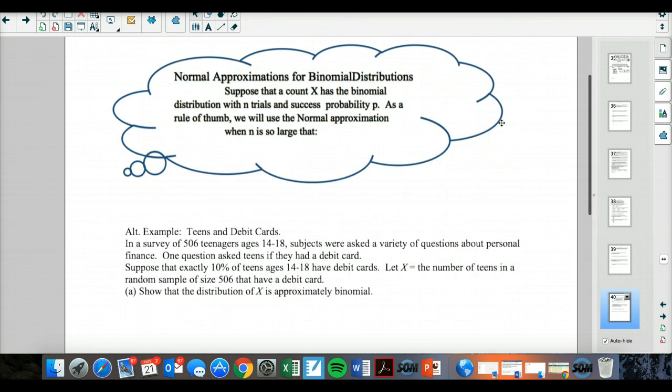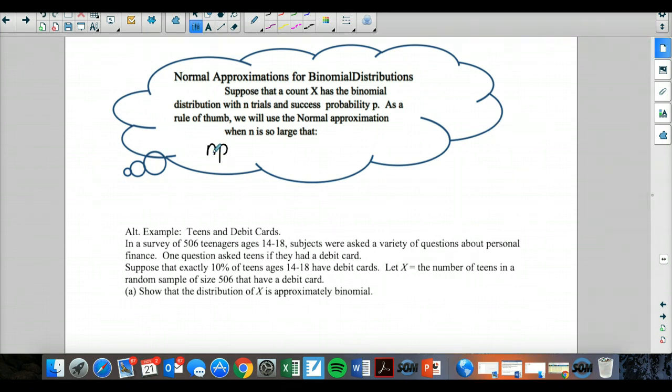So there is a rule. You're going to use it a ton in the future, so I think it's a good idea to go ahead and do it now. Suppose that the count x has a binomial distribution with n trials and the probability of success is p. As a rule of thumb, we will use the normal approximation when n is so large that n times p is greater than or equal to 10, and n times 1 minus p is greater than or equal to 10.